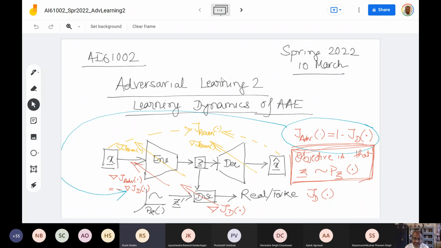So when JD is minimum, it is following, no? I mean Z is following PZ only when JD is minimum. No, when JD is minimum, what is happening? The loss is minimum, which means this is very different from this. If loss is minimum, what would it mean?